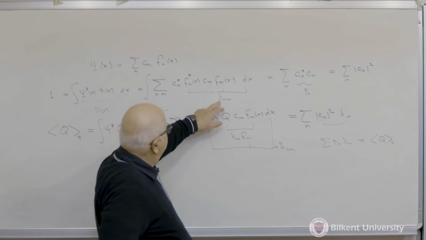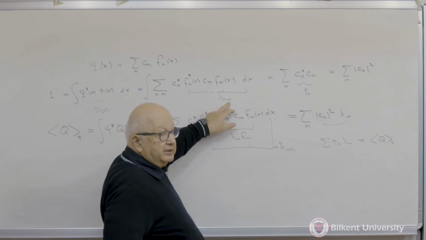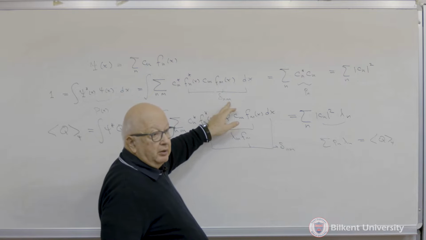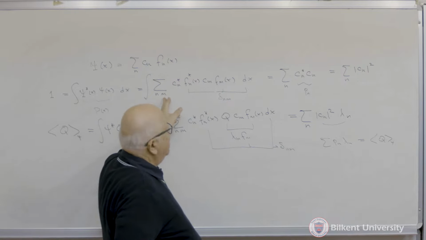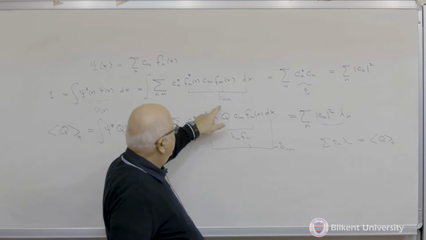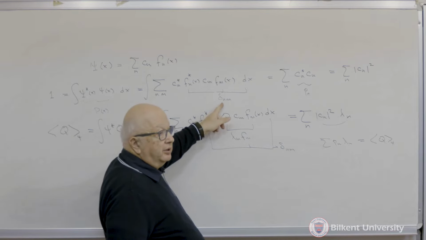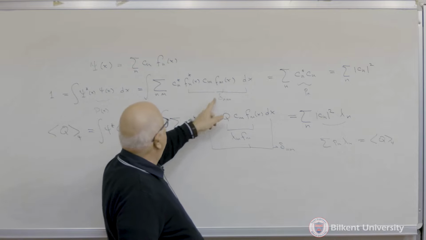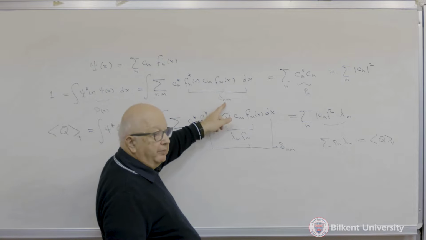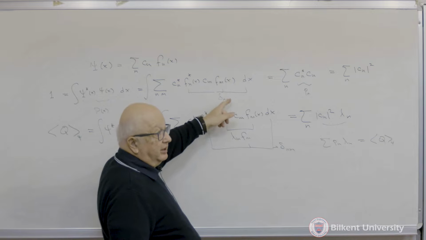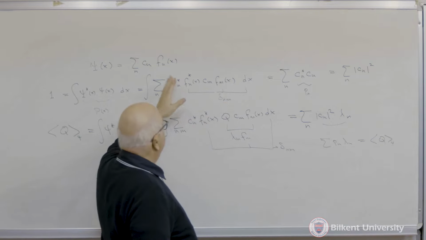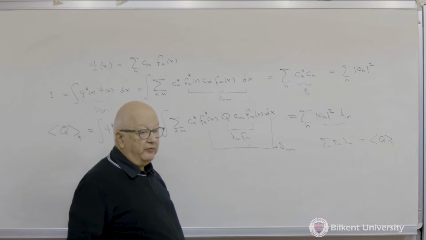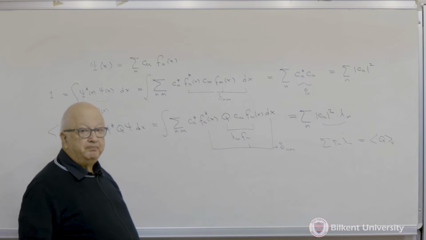So this delta nm picks out only those terms for which n is equal to m, so that removes one of the summations. So whenever you have a delta function like this under a summation, you remove one of the summations and put n equal to m. If it's a Dirac delta function, again, in that case, you remove the integral and replace one variable with the other. Okay?